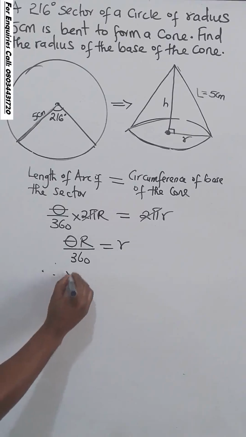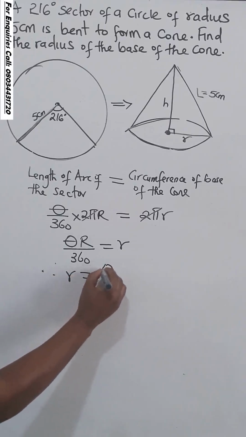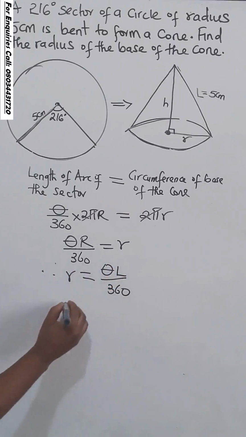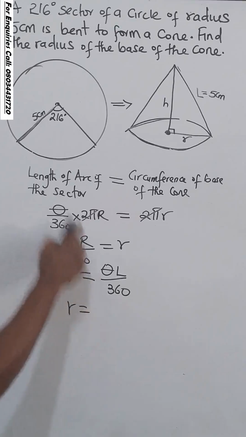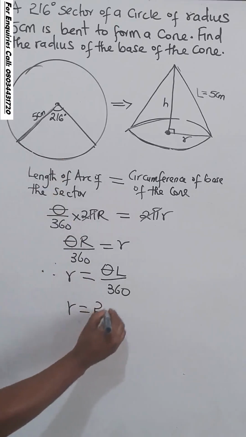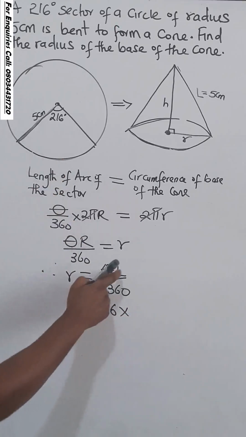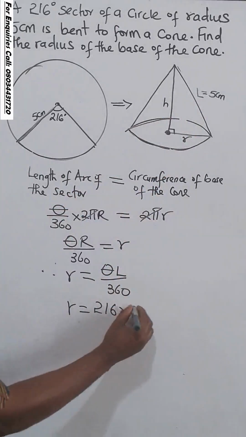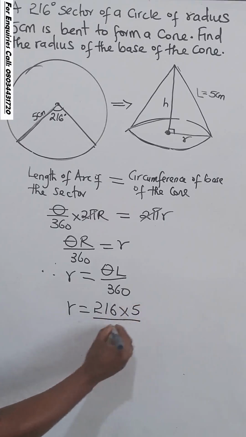Therefore, the radius of the cone becomes theta times slant length over 360, where my theta is 216 and my slant length becomes 5, over 360.